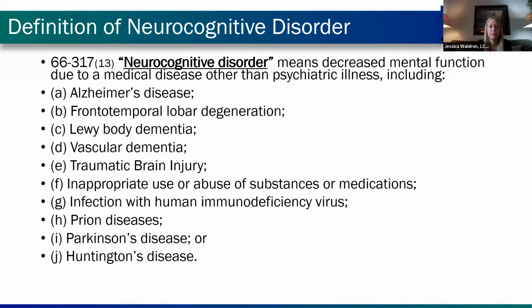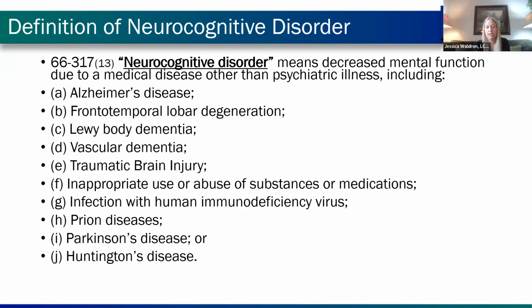So here are the specific disorders that the statute defines as neurocognitive disorders, which is Alzheimer's, frontal temporal lobar degeneration, which is another form of dementia, Lewy body dementia, vascular dementia, traumatic brain injury.